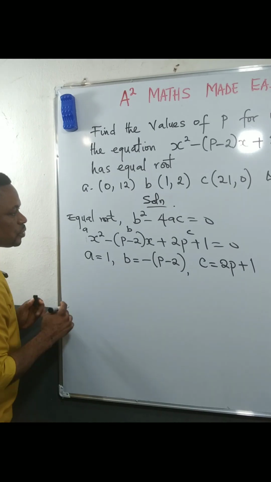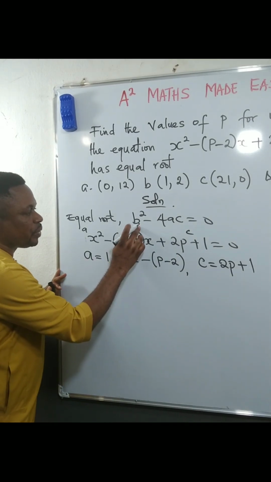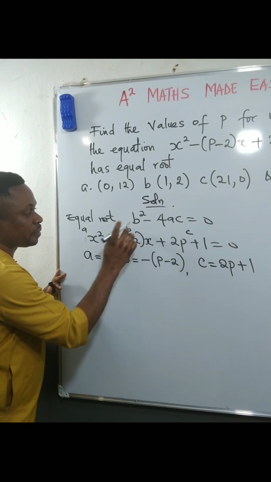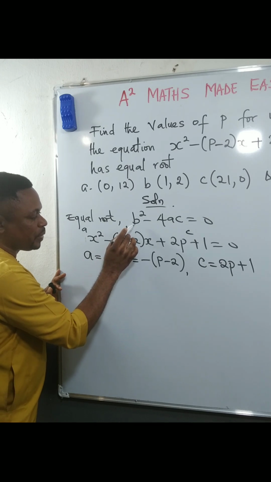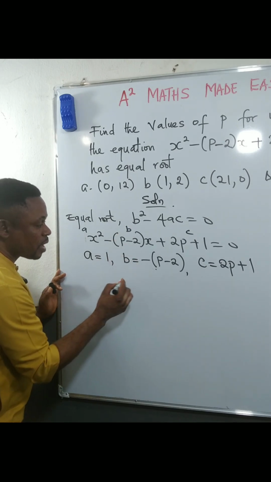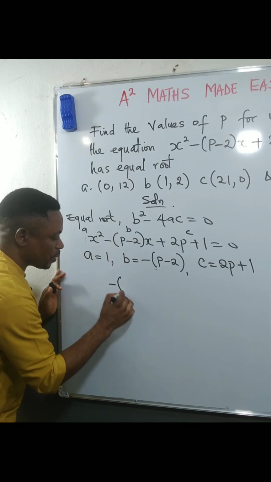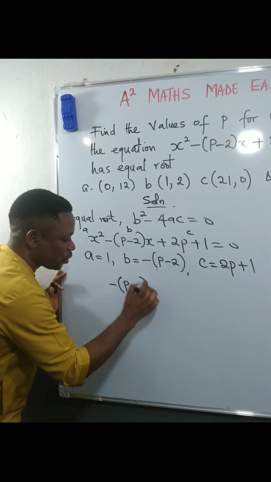Now what we are going to do is move to the formula and begin to substitute one after the other. Look at the value of b. I will introduce minus (p minus 2), close the bracket.